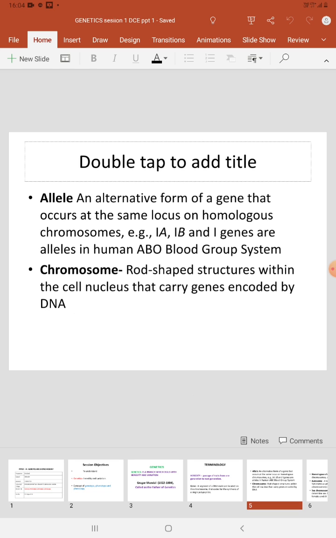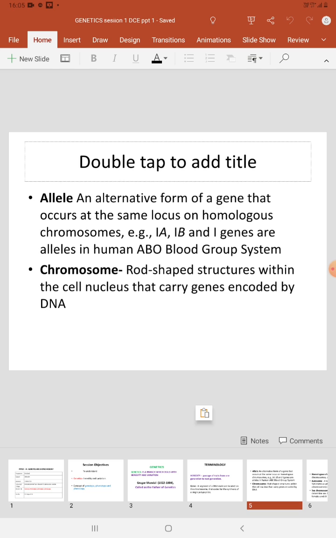Hereafter I will be referring to the ABO blood group system, which is simplified by concentrating on only three alleles, IA, IB and i. Though it is a little more complicated, having more alleles, now we have reduced it to only three alleles. IA, IB and i are the alleles in relation to human ABO blood group.